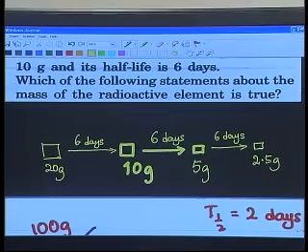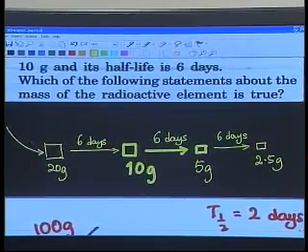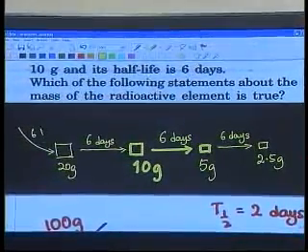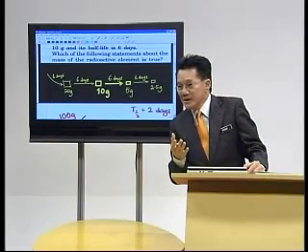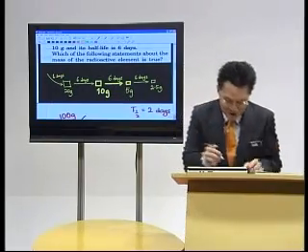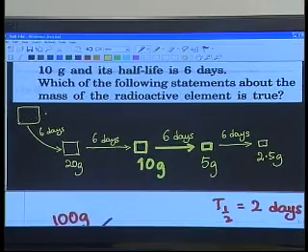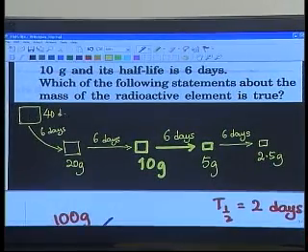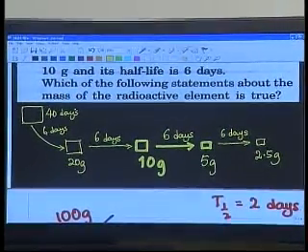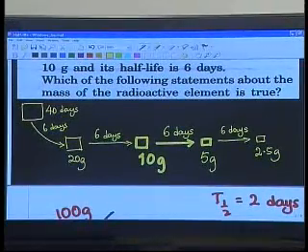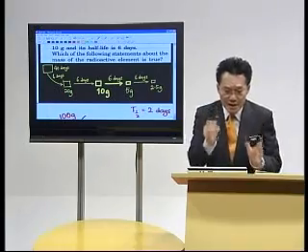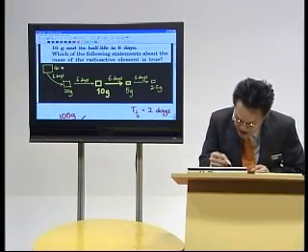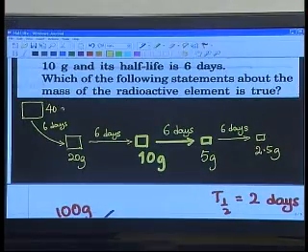Because 6 days is the half-life. Another 6 days before the 20 grams. How many grams would that be? 40. You're telling me it's 40. Very good. This is as easy as ABC. Simple. Don't need calculators, you know, but I'm sorry, it's not 40 days. It is 40 grams. Okay?